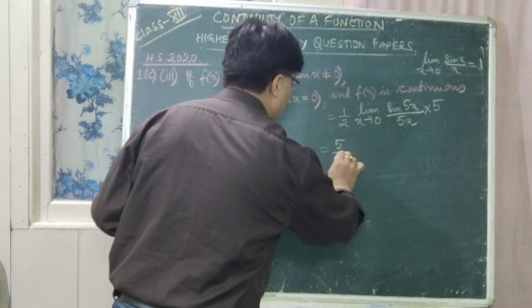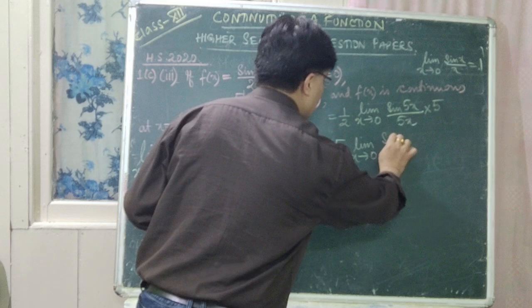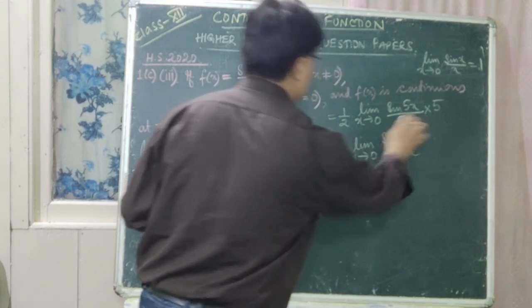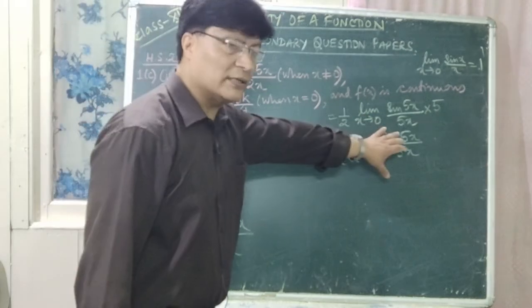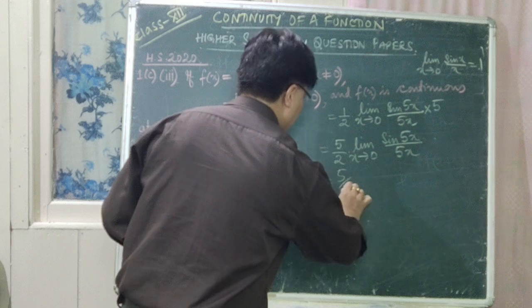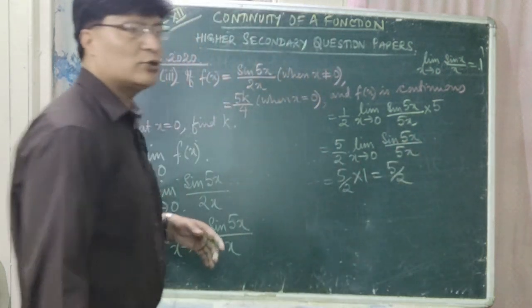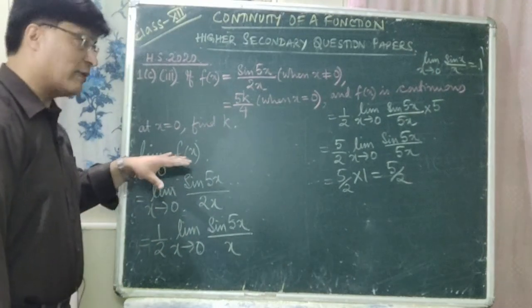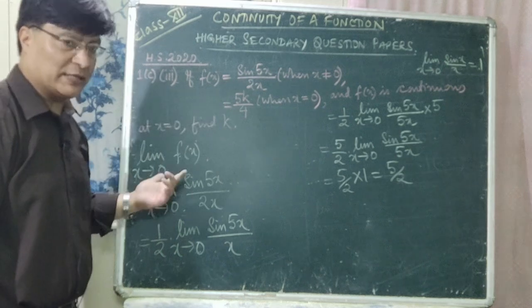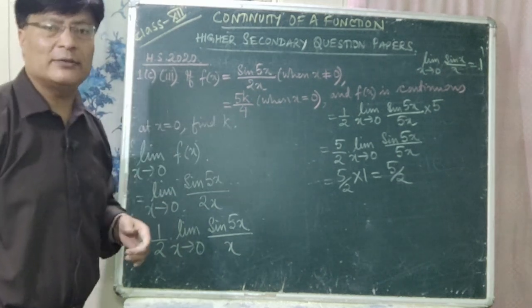So which is equal to 5 by 2 into limit x tends to 0 sine 5x divided by 5x. Now this is your standard limit whose value is 1. So which is equal to 5 by 2 into 1, which is equal to 5 by 2. So both right hand limit and left hand limit are included in this limit. Both the right hand limit and left hand limit are equal to 5 by 2.